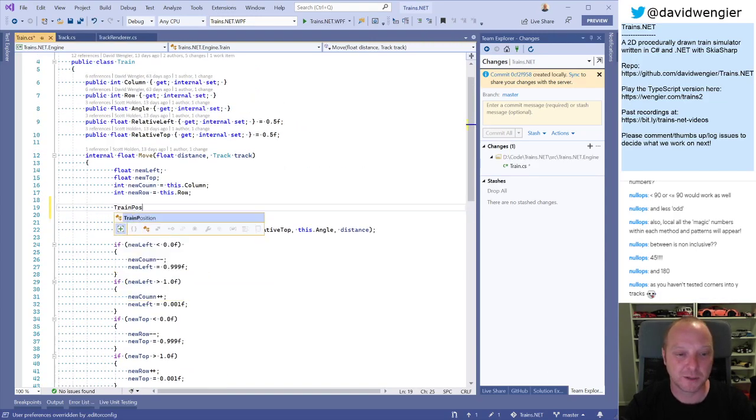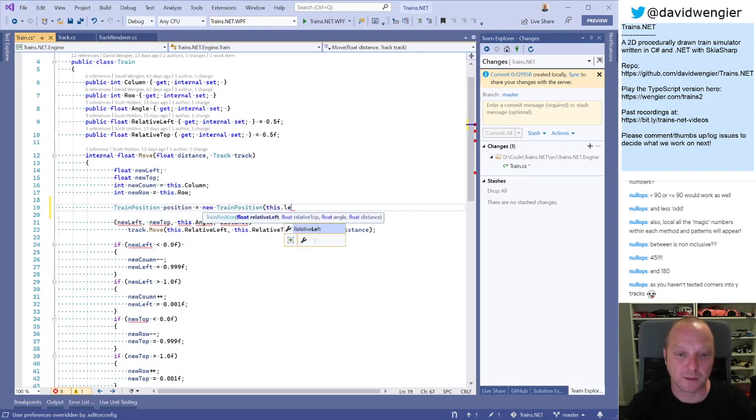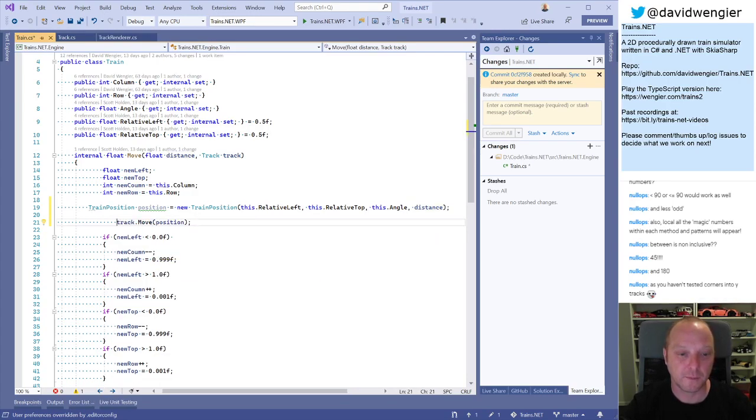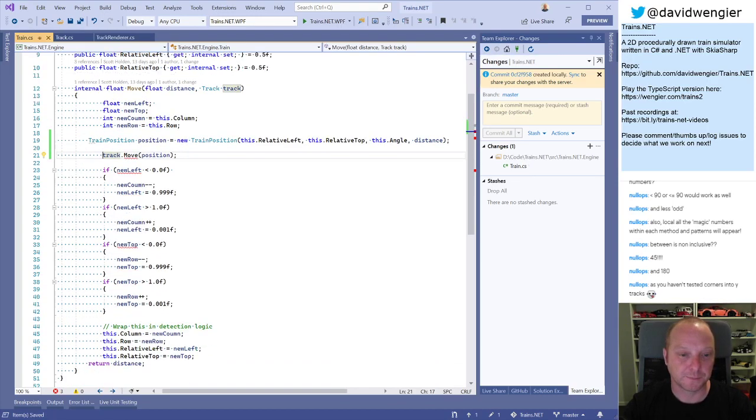So, train position pos. This dot left, this dot top, this dot angle and distance. And then I want to pass in position. And I don't want to do anything else.